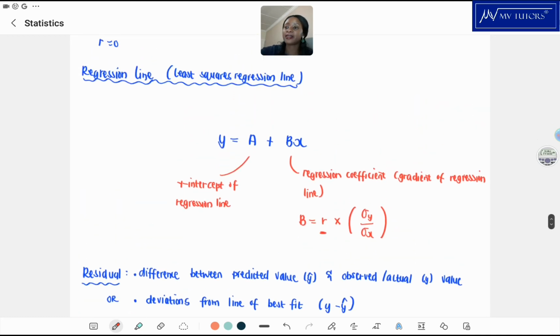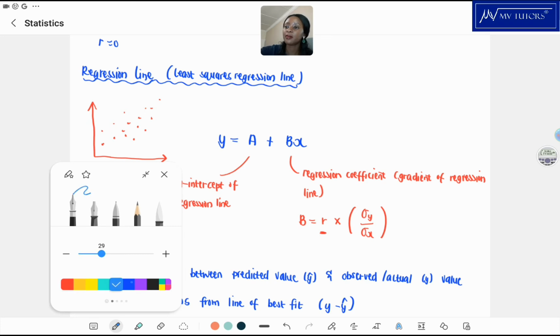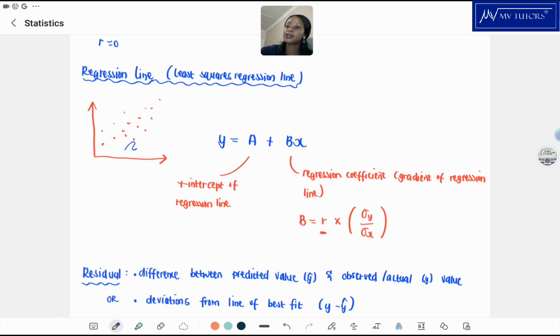Okay, so what do I mean by that? So you have your scatter plot, okay? And you have plotted your data over here. Okay, there's a lot of data. And then you plot your line of best fit.